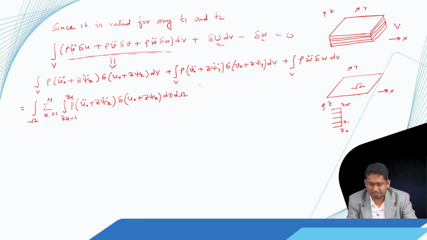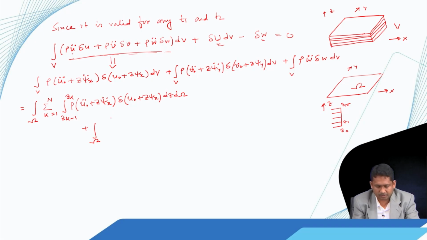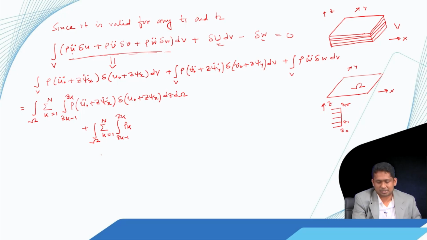Then we have the same thing for the second quantity, and for that we get the summation over k from 1 to n, over all the plies, from zk minus 1 to zk, of rho k, because rho can be different for different layers. So, we put a subscript k, just to differentiate the rho at different layers.